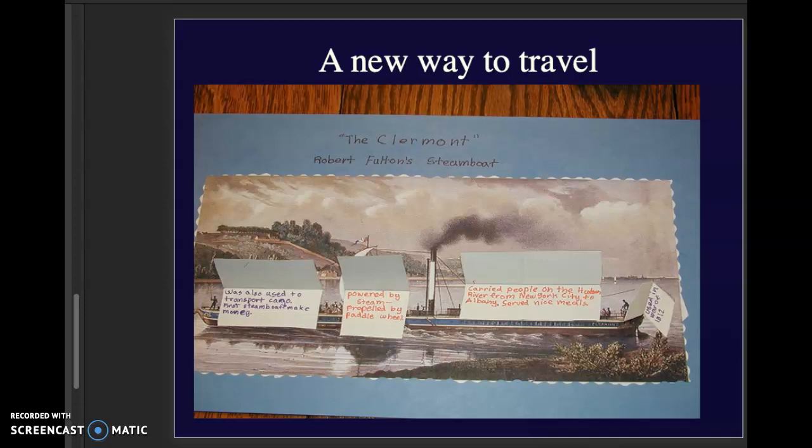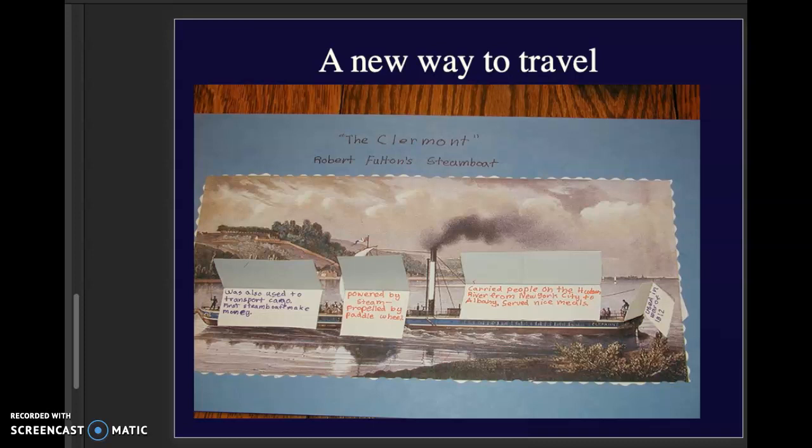Basically, you had a big paddle wheel on the back or on the side of these boats, and it was powered by steam. I like this image so much because it's done, I think, by a sixth grade class. It says here, the Claremont, Robert Fulton steamboat, was also used to transport cargo. Most steamboats make money. Okay, there you go.